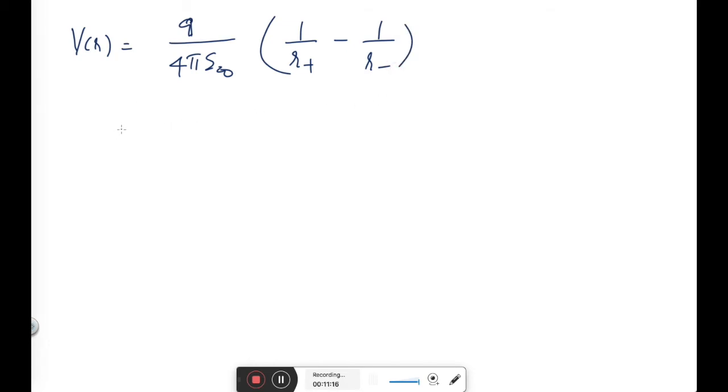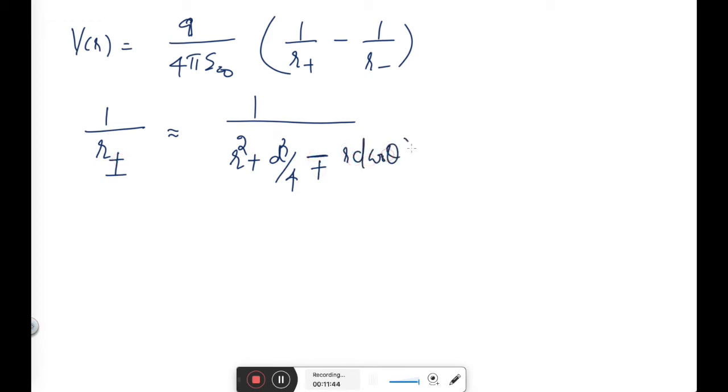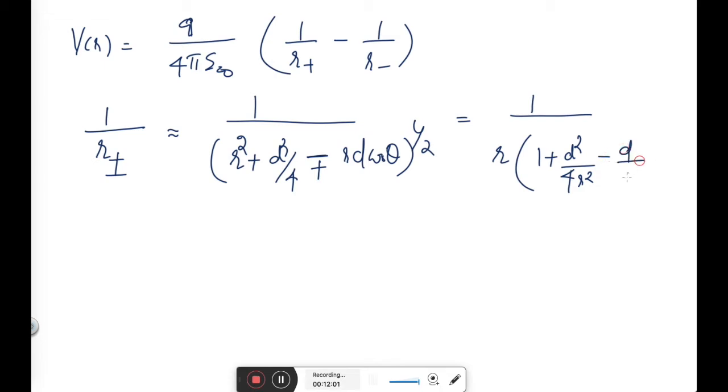And 1 by r plus or minus is r squared plus d squared by 4 minus or plus r d cos theta, raised to minus half. If it is plus, you take the upper sign. Now take r squared outside, and you get 1 by r into 1 plus d squared by 4 r squared minus d by r cos theta, raised to minus half.